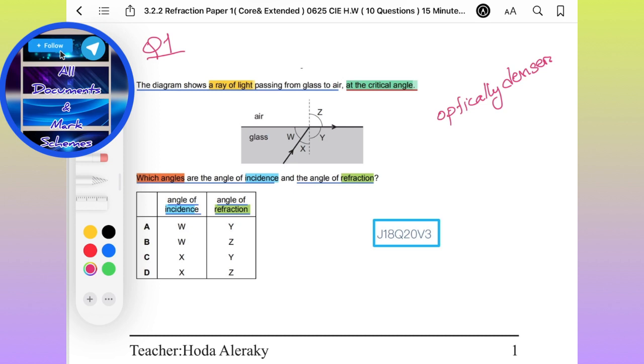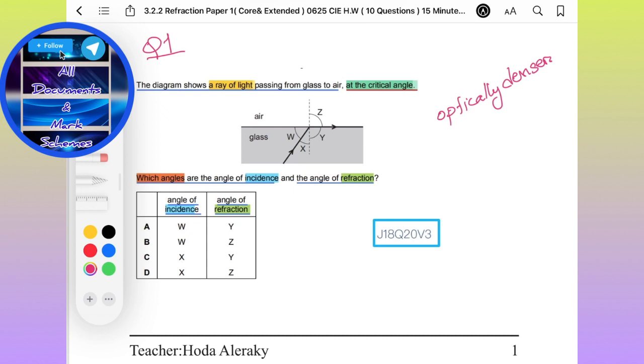Optically denser means it has greater refraction effect. For extended students, optically denser means its refractive index is greater.